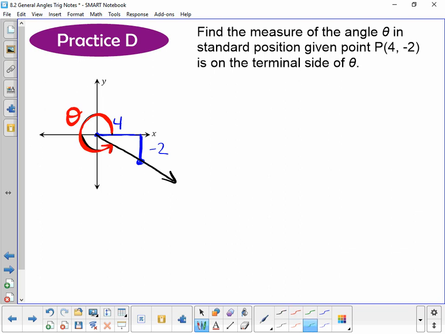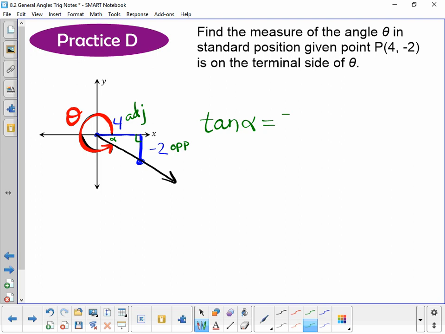So we can use this reference triangle to figure out how big theta is. I'm going to write it as the tangent of alpha this time, since I know that it's not going to give me theta straight away. Looking at this little reference triangle, this would be the opposite side, and this would be the adjacent side. That's why I picked tangent.